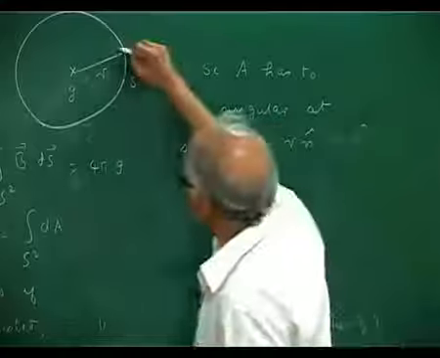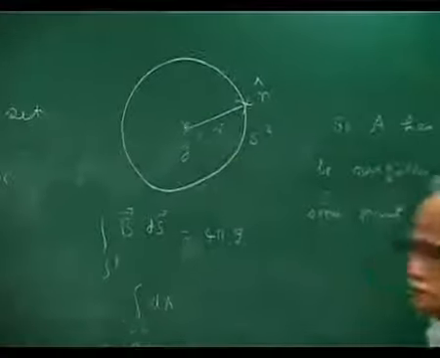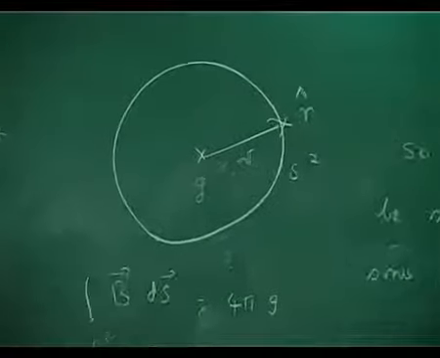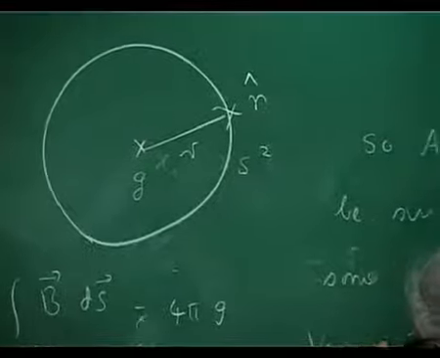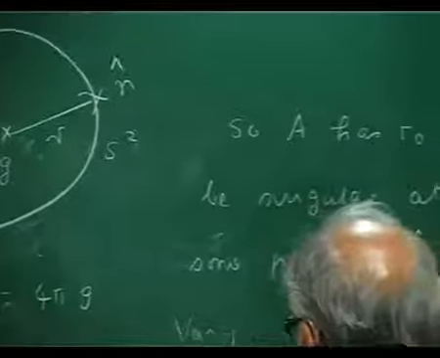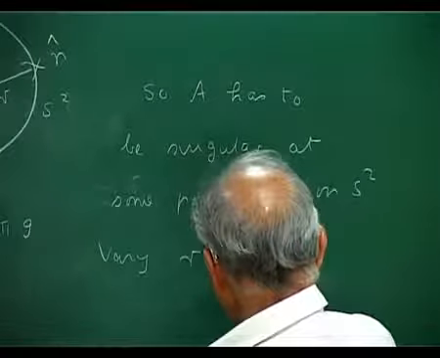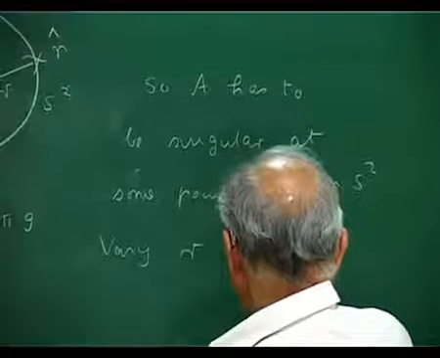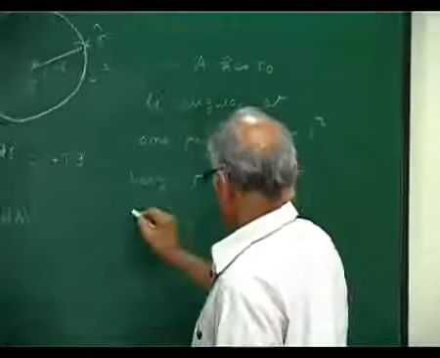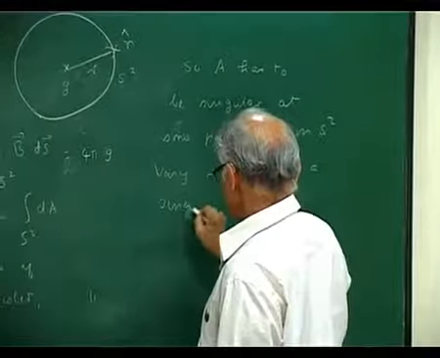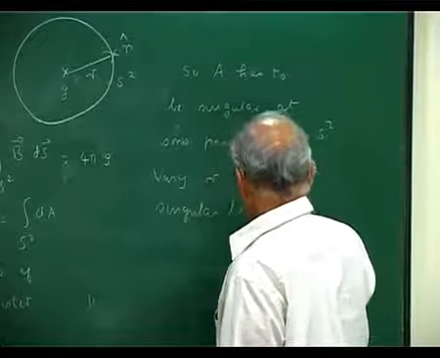Some point here, which you can choose at will. So this is some unit vector, but this is true for all R. So vary R to get a singular line. This is called the Dirac string.